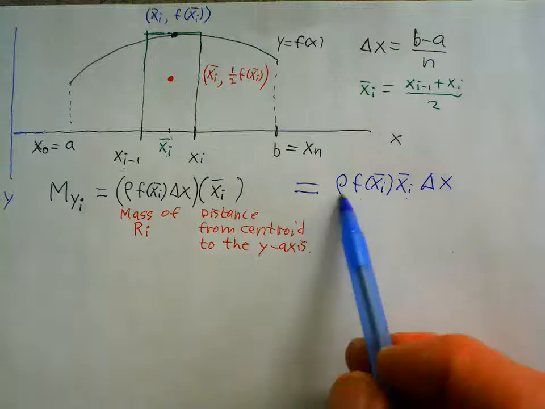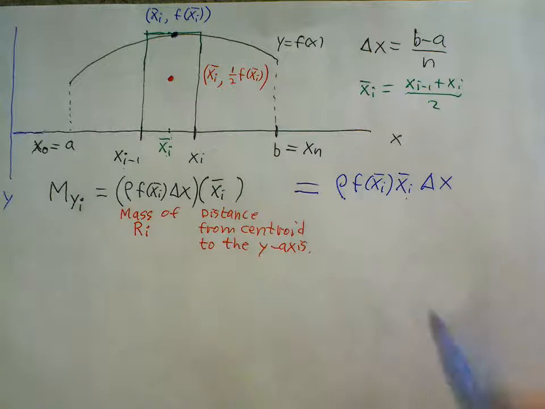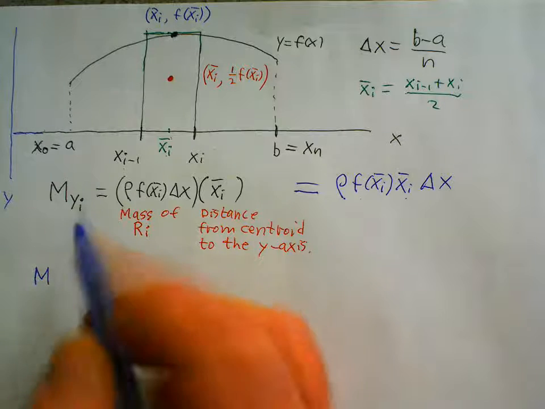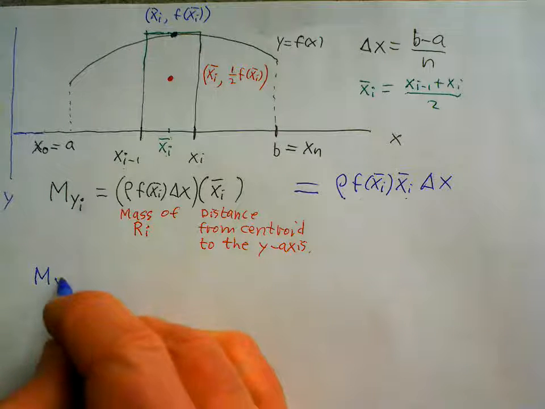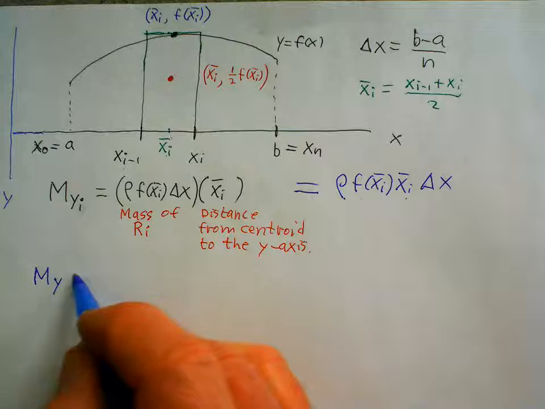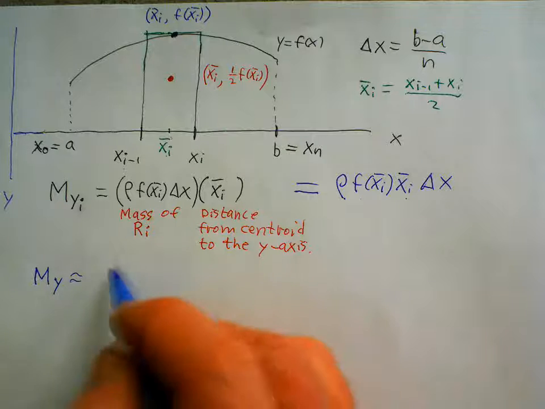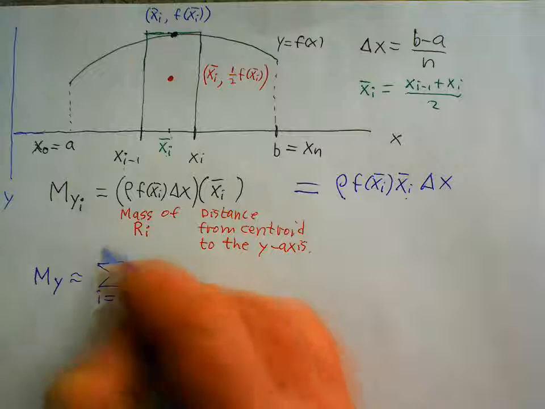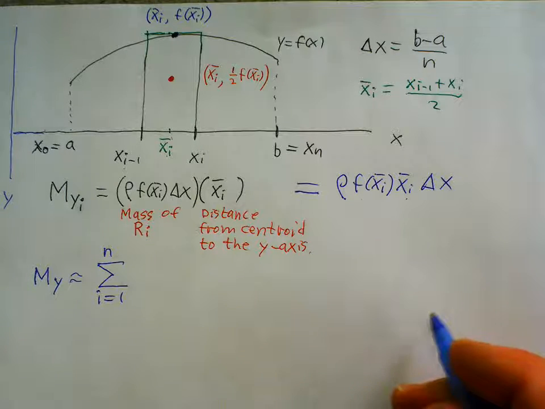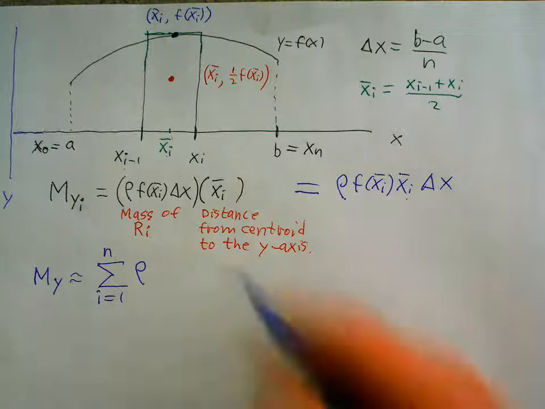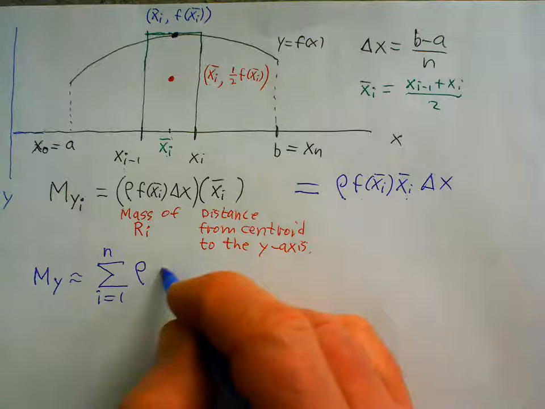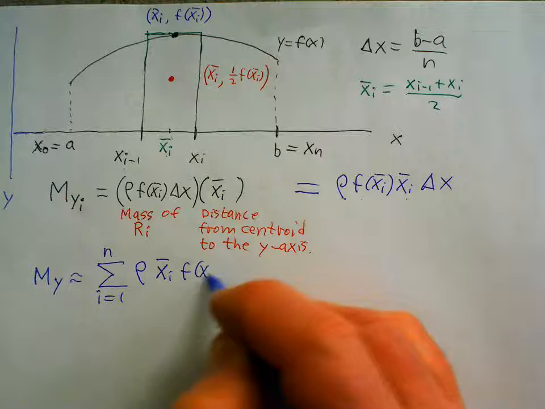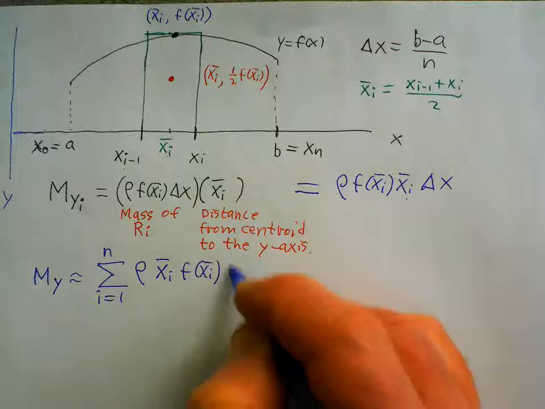Okay, if we do that for all n rectangles, then the moment of the region about the y-axis is approximately equal to the Riemann sum from I equals 1 to n of rho times x sub I bar times f of x sub I bar times delta x.